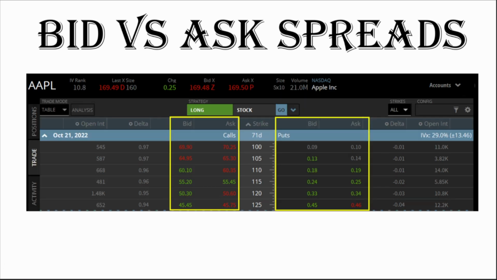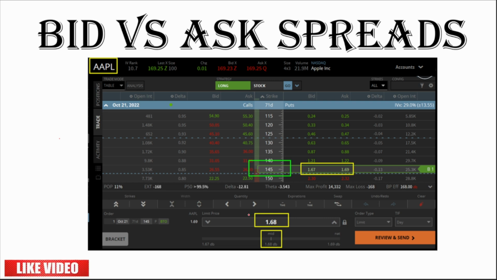But because this is a course on options and not on how to buy stocks, we are interested in this price, as well as the yellow box, which shows the respective prices of the call and put options. In this example, the $145 strike price has a bid of 1.67 and an ask price of 1.69.